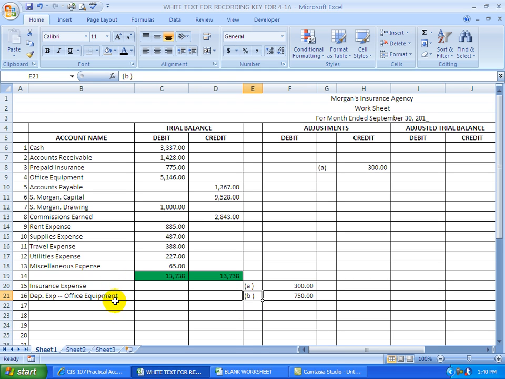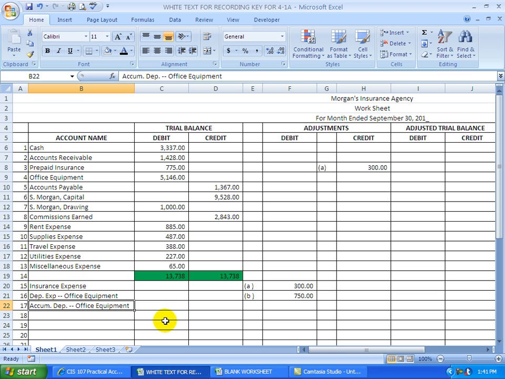Now, office equipment, this is how much we've paid for it right here, but now it's lost value. We're not going to credit office equipment. Instead, we're going to use a contra asset account called accumulated depreciation office equipment. So I'm going to write that down here.